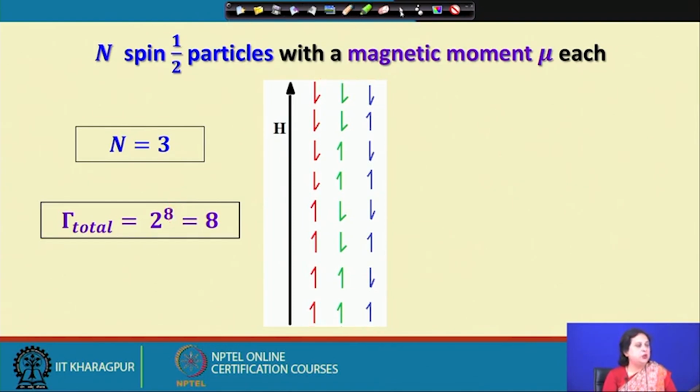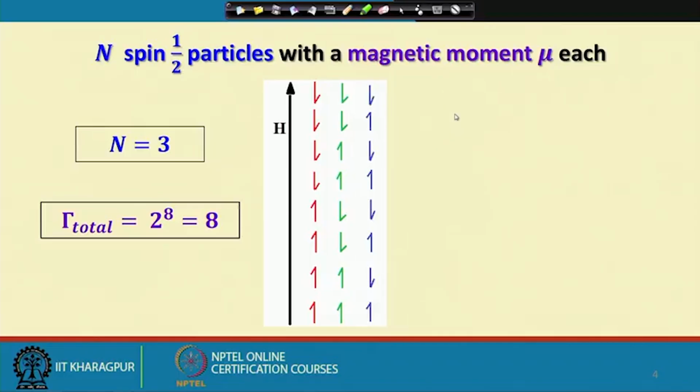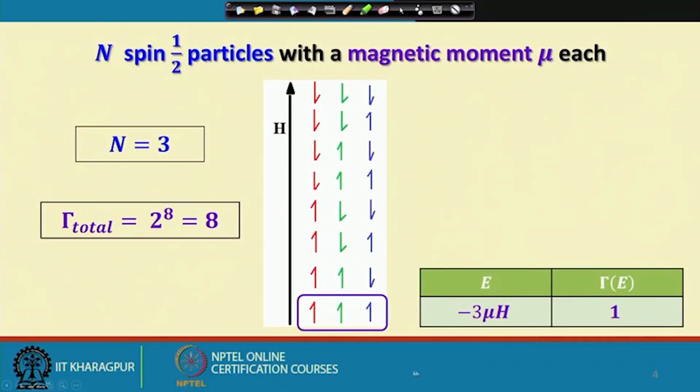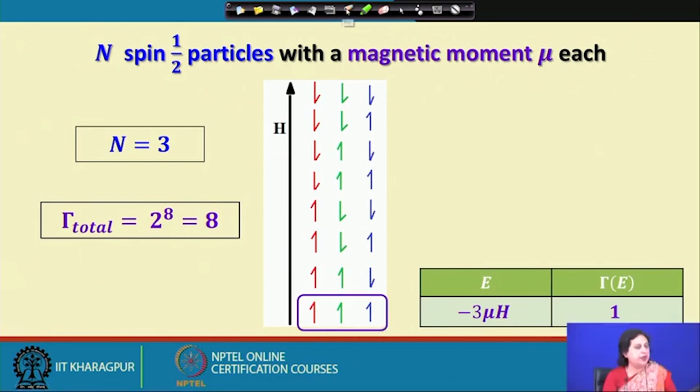Now, when we look at these microscopic states and try to group them exactly the way we did in the last slide where I had N equal to 2, this is what I shall get. I have a unique microscopic state where all 3 spins are oriented parallel to the direction of the applied field, and correspondingly the energy of the system is minus 3 mu h.